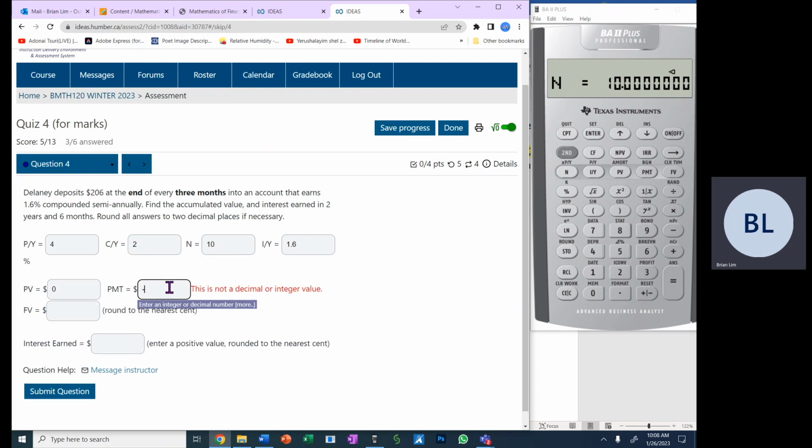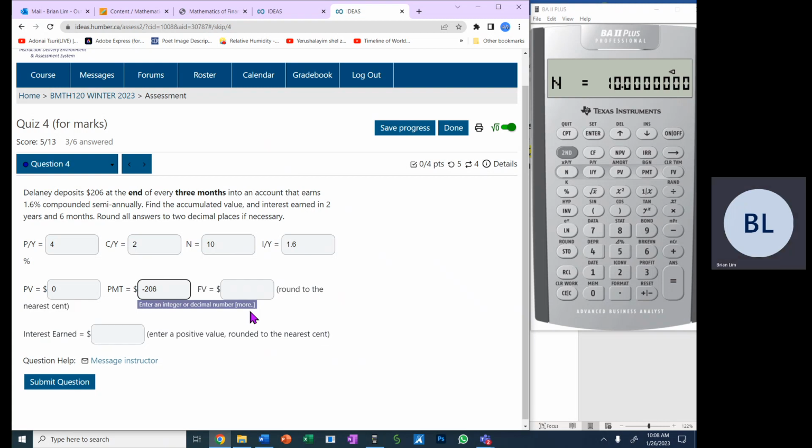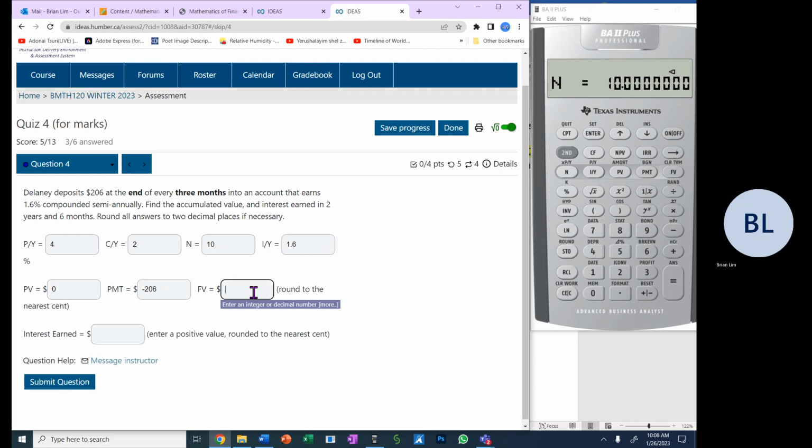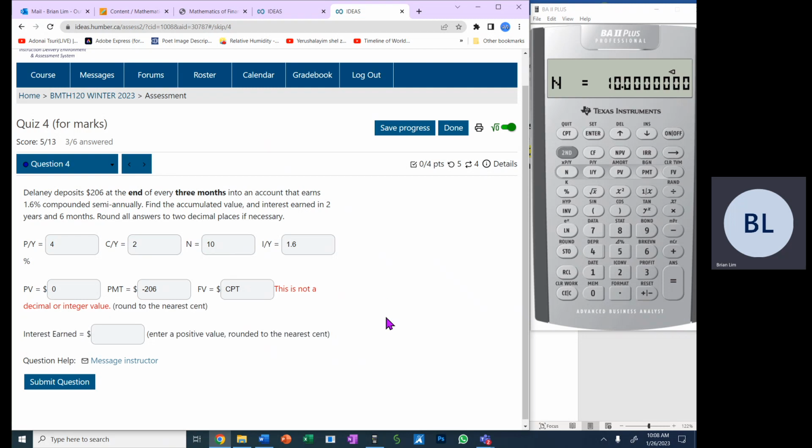So we can put that in as a negative 206, right? And there we are. Now the future value is what we'd like to compute. So it says find the accumulated value. So temporarily, we put CPT in there. Yes, there's some red lettering, but don't be concerned about that. That is not an issue.